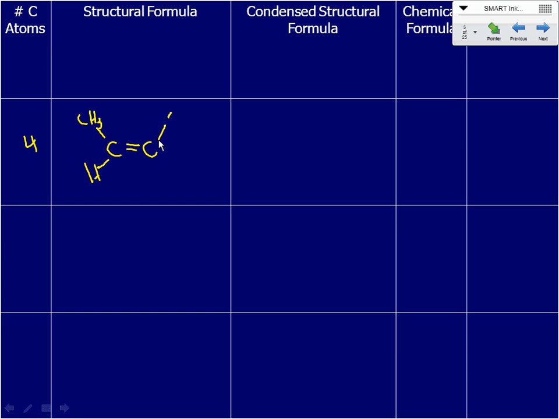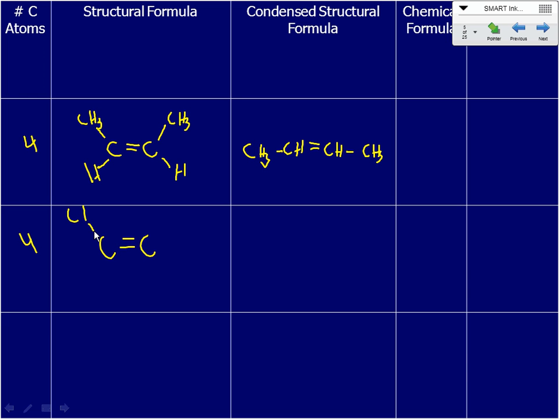Let's put it up here, CH3, and then the H, okay? Now, when you do a condensed structural formula, it's going to look exactly the same. This is going to be CH3, CH, double bond, CH, and then CH3.